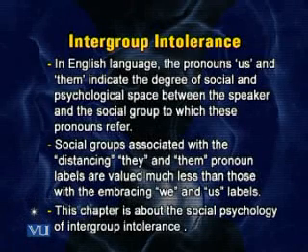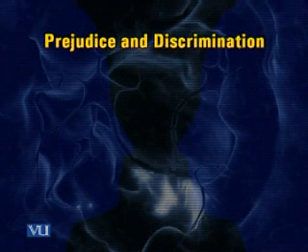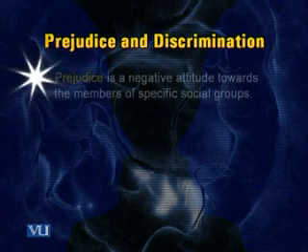So this chapter and this topic is about the social psychology of intergroup intolerance. Why people belonging to different groups are not tolerant of each other. I would like to define first what is prejudice and discrimination. Prejudice is actually a feeling bias and discrimination is an action bias.